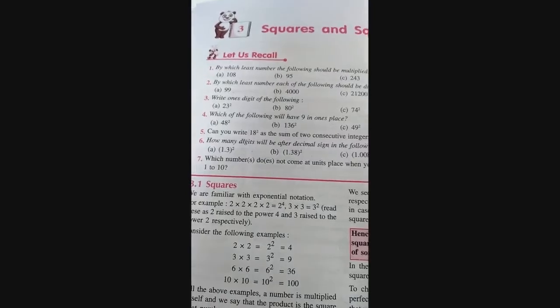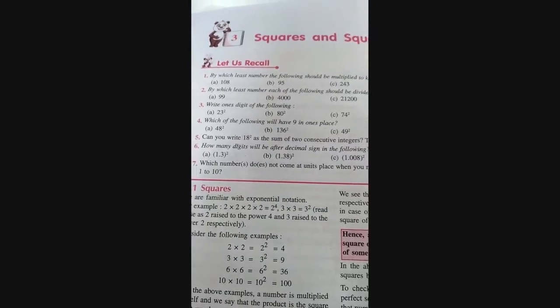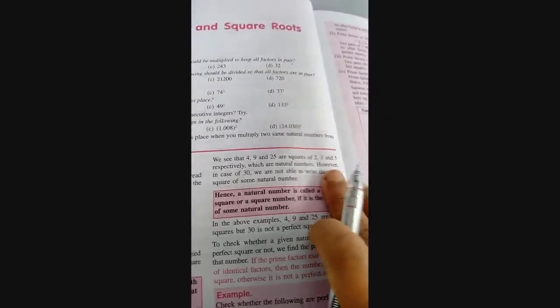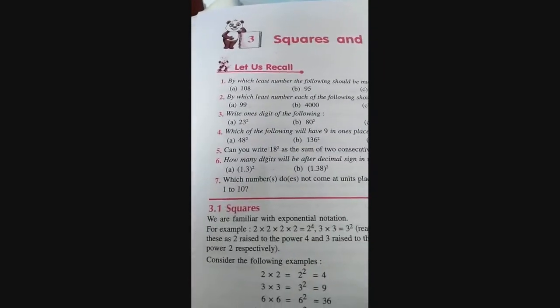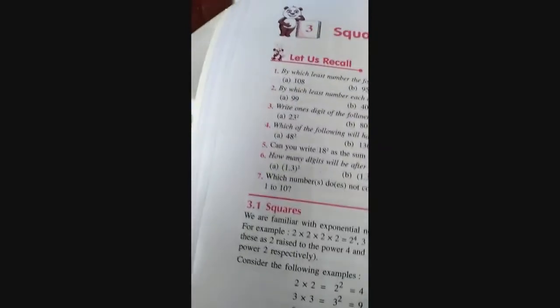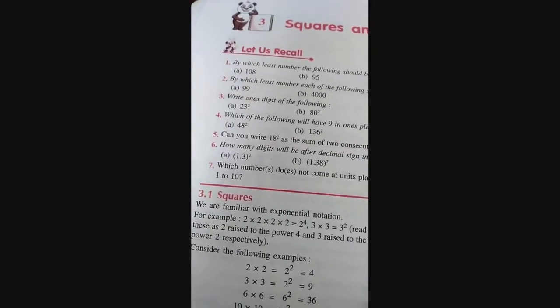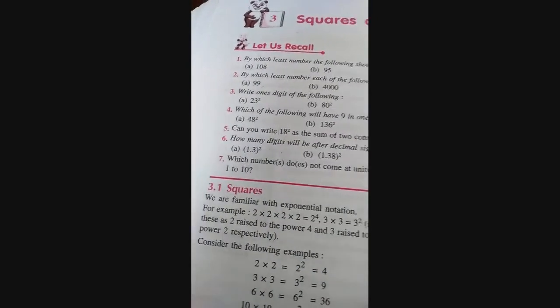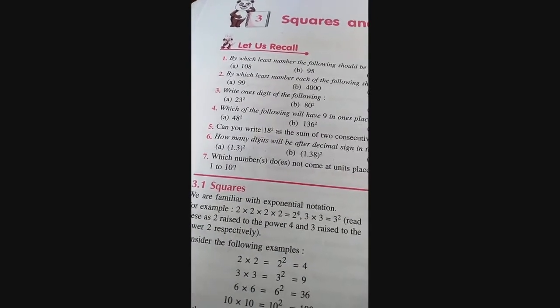Now here you see in question number 7, which number does not come at the units place when you multiply two same natural numbers from 1 to 10. That means the numbers from 1 to 10 are in the ones digit. Can you tell me how many there are?